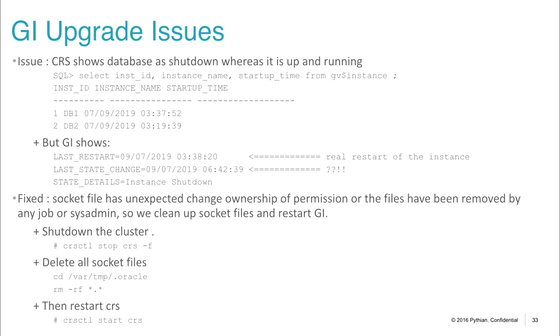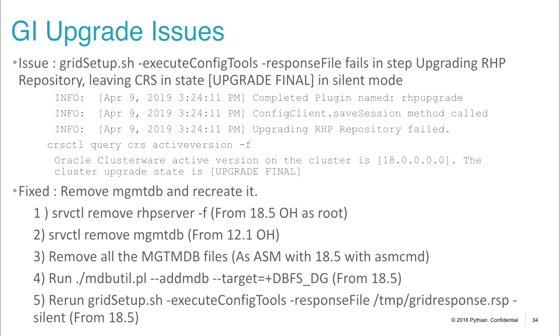Once we did this, all of the grid infrastructure was matching now to the actual status of the database. Another issue that we faced was when we were doing the grid setup, it failed and it left the CRS in status upgrade final.